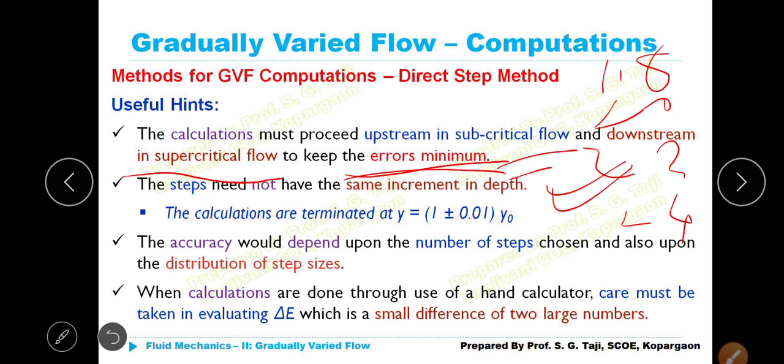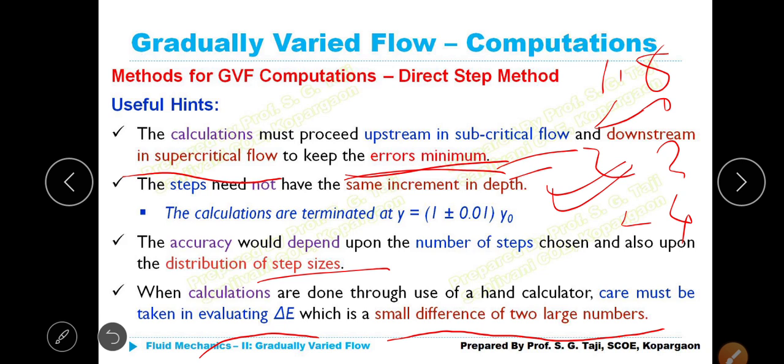The accuracy depends upon the number of steps chosen and also upon the distribution of step sizes. When calculations are done using a hand calculator, care must be taken in evaluating delta E, which is a small difference of two large numbers.